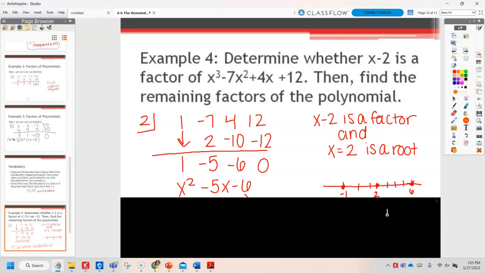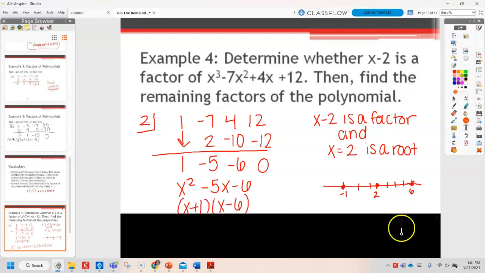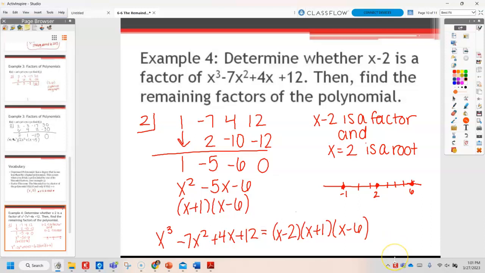X minus 2 is one factor. These coefficients lead to a remaining result if you take x minus 2 away, and then we're going to factor that again to find our remaining roots. So this is a cubic. It has 3 real zeros, and they occur at 2, -1, and 6, because x cubed minus 7x squared plus 4x plus 12 factors into that.